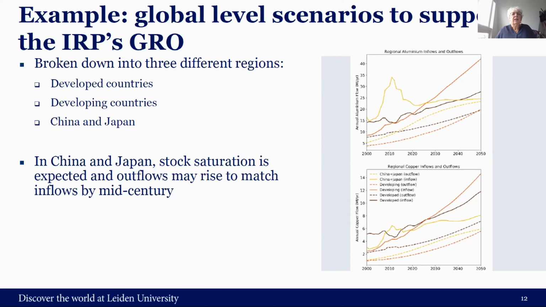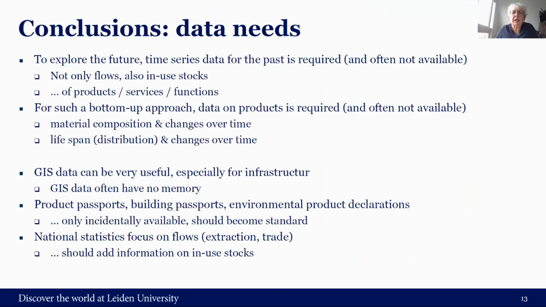In China and Japan, you see that actually the inflow starts to stabilize towards the middle of the century. And in the case of aluminium, the top one, the outflow, which is the dotted yellow line, actually approaches the inflow. So there is an opportunity for closing cycles that will present itself near the middle of this century.